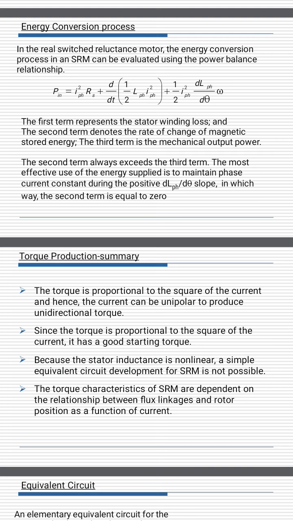Energy conversion process in the real switched reluctance motor. The energy conversion process in an SRM can be evaluated using the power balance relationship. Here we can see the formula, which is written as P_input = i²_phase R_s + d/dt (1/2 L_phase i²_phase) + 1/2 i²_phase dL_phase/dθ.